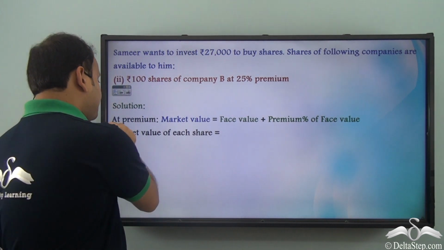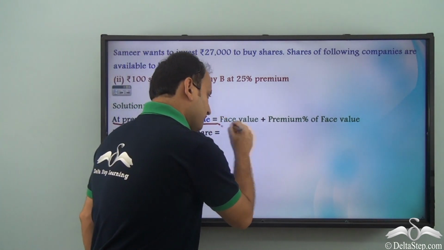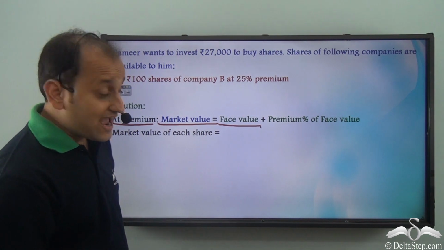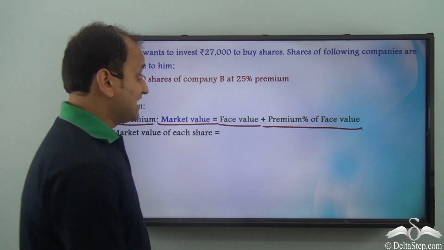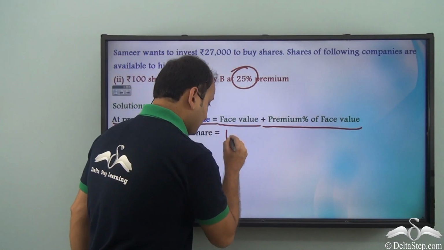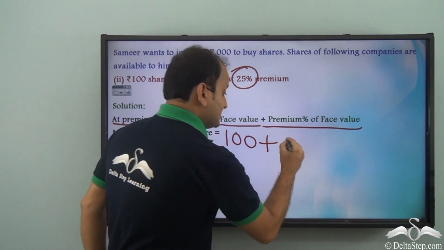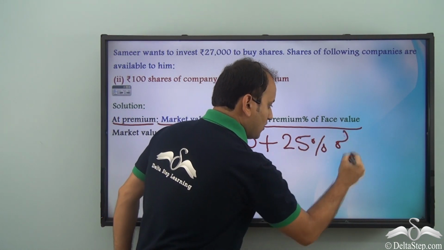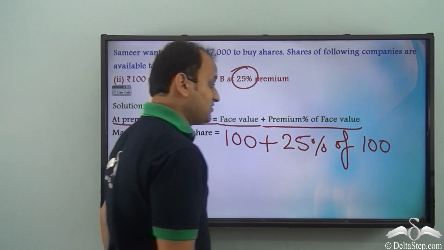So when we say at premium, it means that market value will be equal to face value plus, because it is premium, so we add the premium percentage of face value. In this case, it's 25%. So it will be face value plus 25% of face value, that is rupees 100.